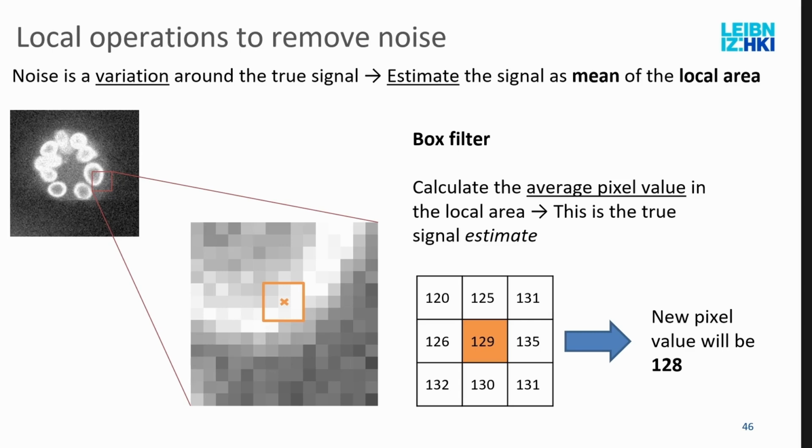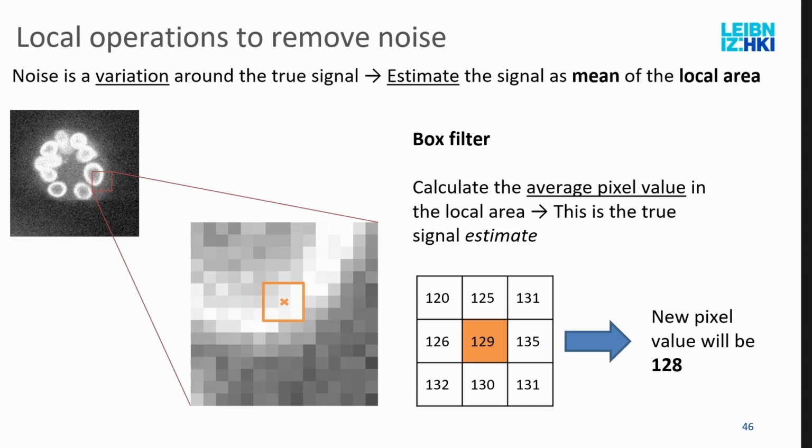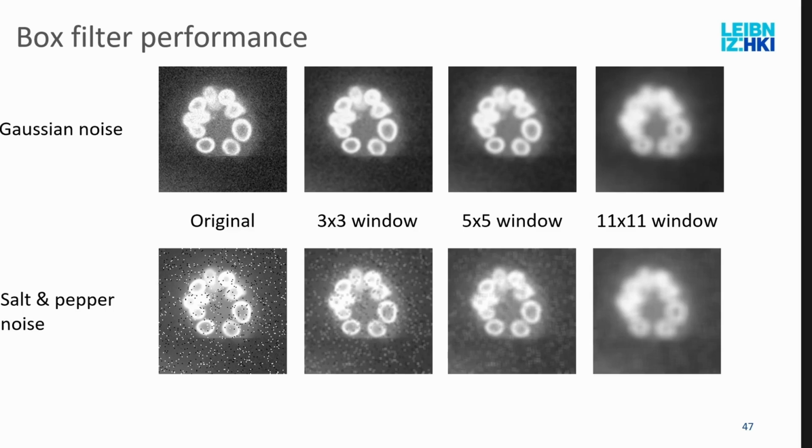So it's a very, very basic estimation. It also smooths the image, and you see it when you increase the window size. It behaves differently for the different noises. When I increase this window size, say to a 5x5 window or even larger around it for the estimation, then it will look different. You see how it gets more and more softened, because at some point the window flows outside the structure that we are interested in and just takes in everything.